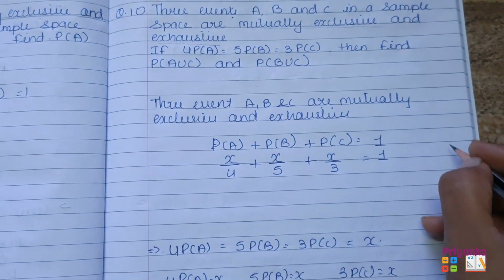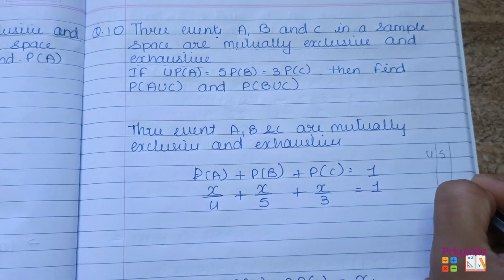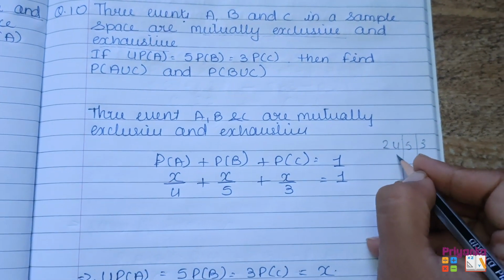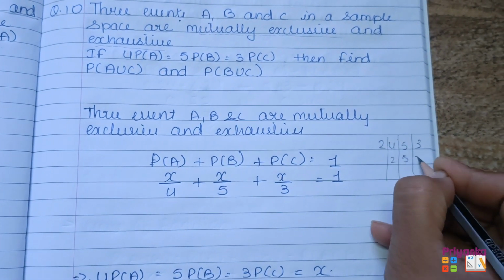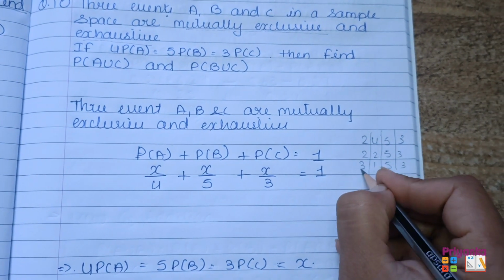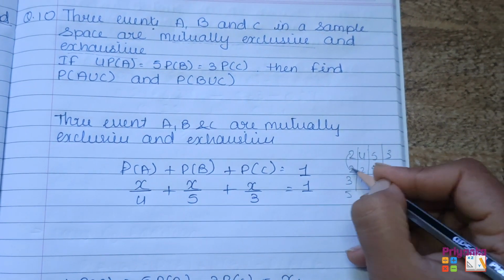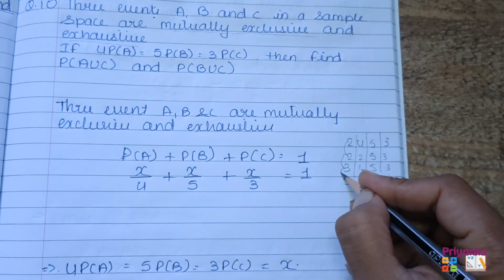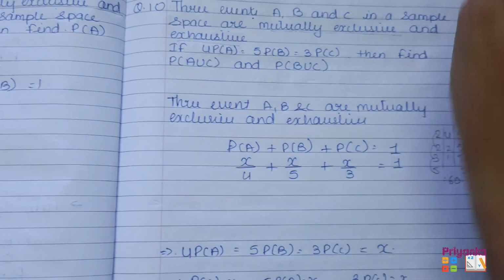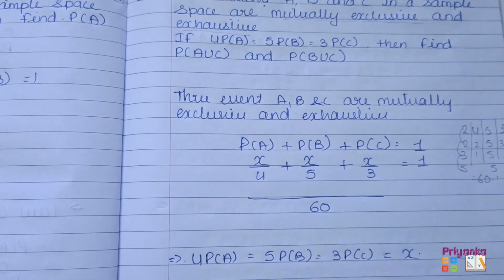You must have learned this in secondary school. We'll take it with the 2 table. 2 2s are 4, 4 3s are 12 and 12 5s are 60. So that would be the common number, the LCM. So here I am keeping 60 as the common number.